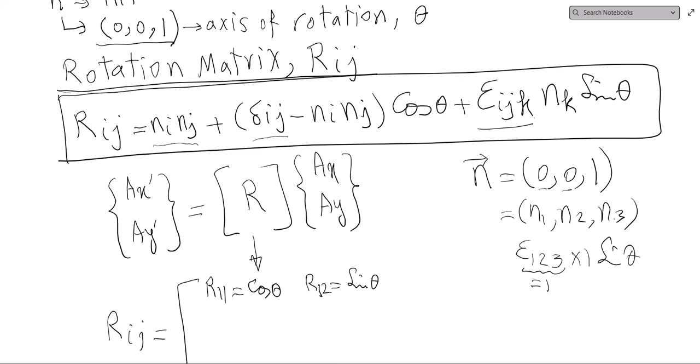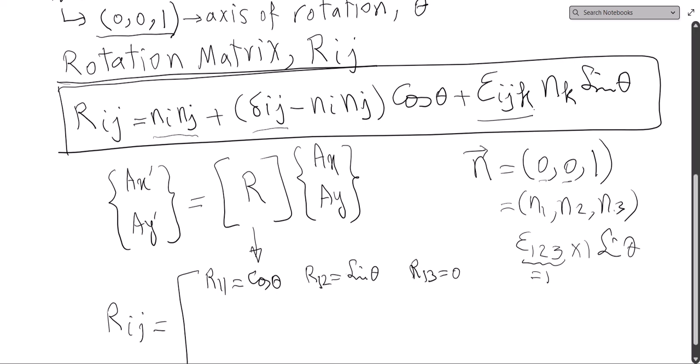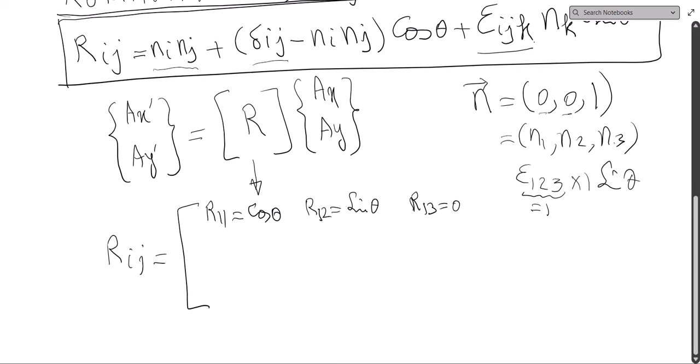Good. And R13 is 0, delta 1, 3 is 0, and epsilon 1, 3, k needs k equal to 2, where n2 is 0. This is not a symmetric matrix, so you have to be very careful.